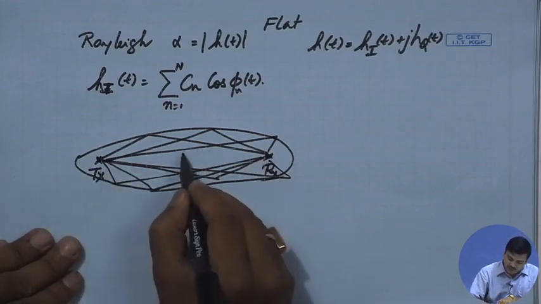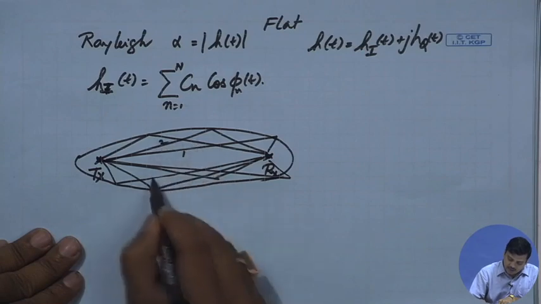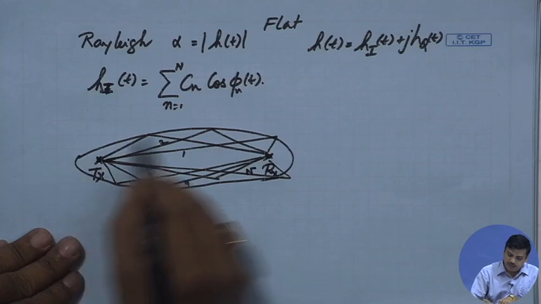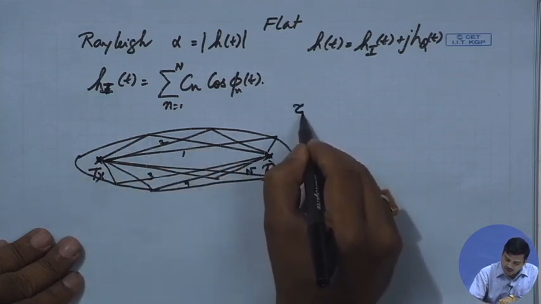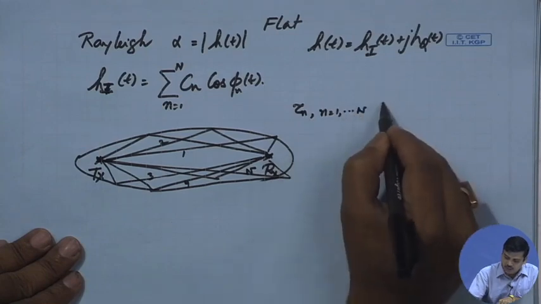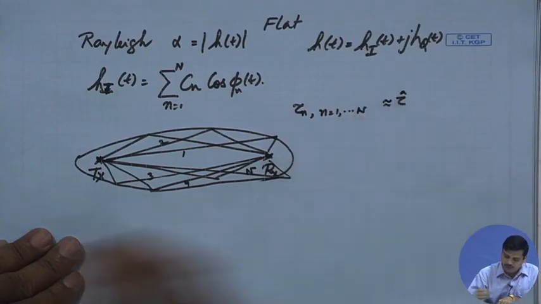If we have this, then we can say that there is a very large number of paths, and they all have tau n for n equals 1 to capital N almost equal to tau cap.